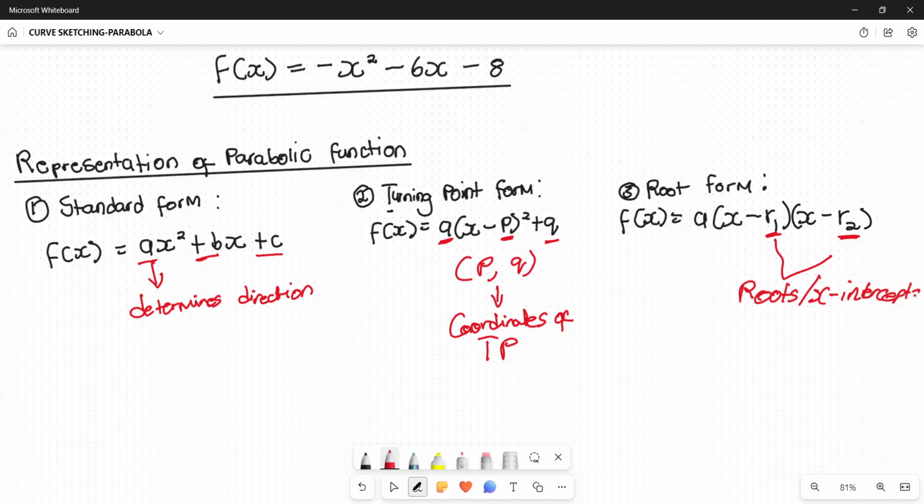Remember that the roots are where our function equals 0. So that is why it is called a root form.